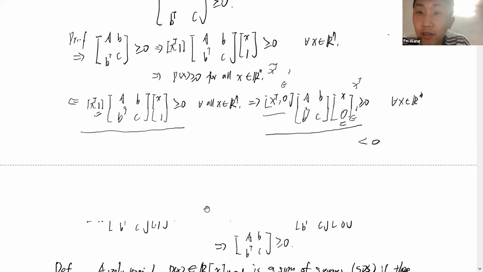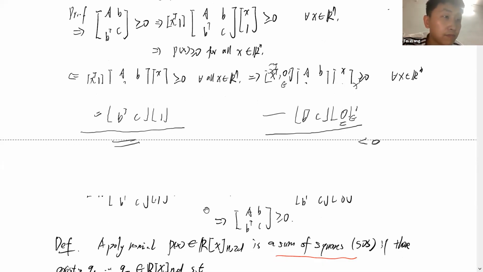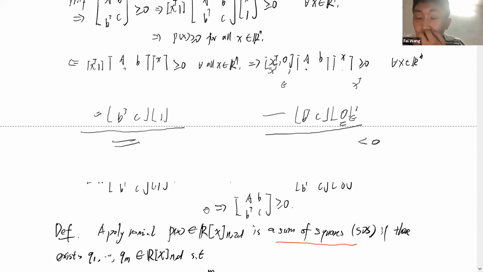So this contradicts this condition. Therefore, x transpose 0 times this big matrix times x0 is non-negative for all x in Rn. Therefore, by the definition of a positive semi-definite matrix, I claim that the matrix A B, B transpose C is positive semi-definite.